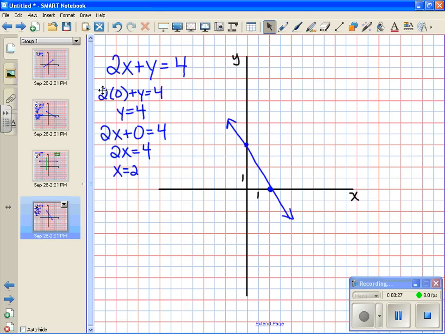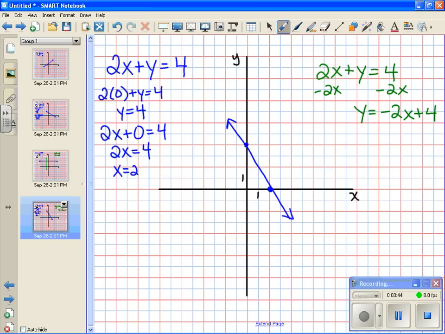Or another option some of you might like to do is you can change the form. So 2x plus y equals 4. If we subtract 2x from both sides, we get y equals -2x plus 4.